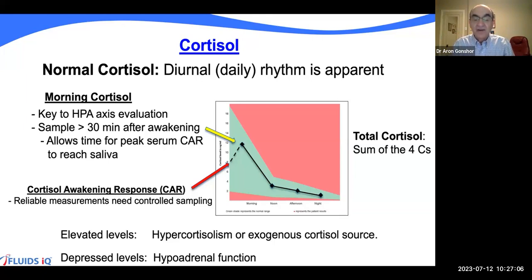CAR is a very interesting thing to look at from a scientific and from an in-house research standpoint, because in order to get reliable measurements, those samples need to be collected in a controlled fashion. And I will submit to you that when a patient or a client is doing it in their home, their ability to follow those instructions properly and do everything they need to every 5 or 10 minutes is extremely suspect.